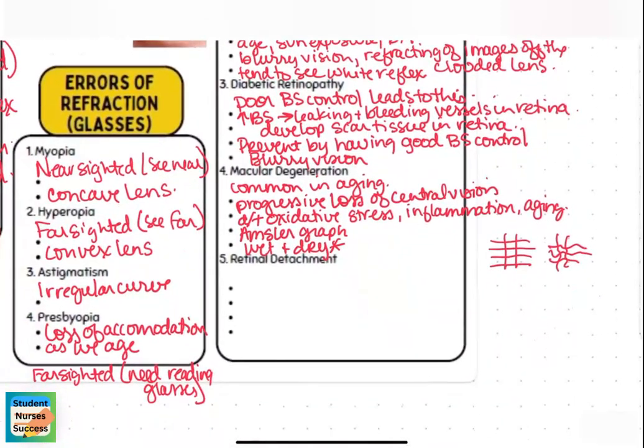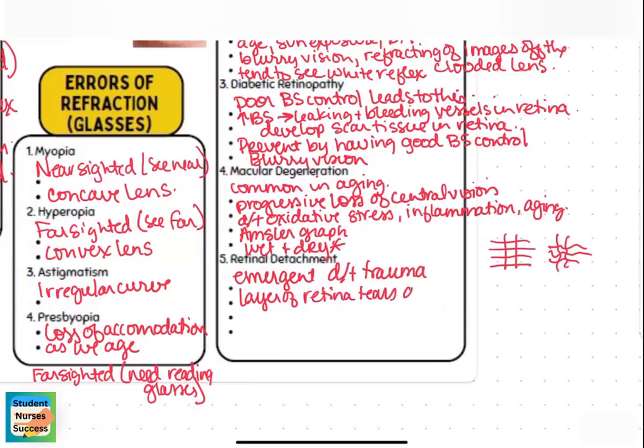The last disorder I want to briefly talk about is retinal detachment. This is an emergent eye condition due to trauma. So if someone is hit in the eye, they could suffer from a retinal detachment. What happens is a layer of the retina tears away. Patients may actually describe it as a loss of vision from the top down, or maybe a veil coming down on their vision.